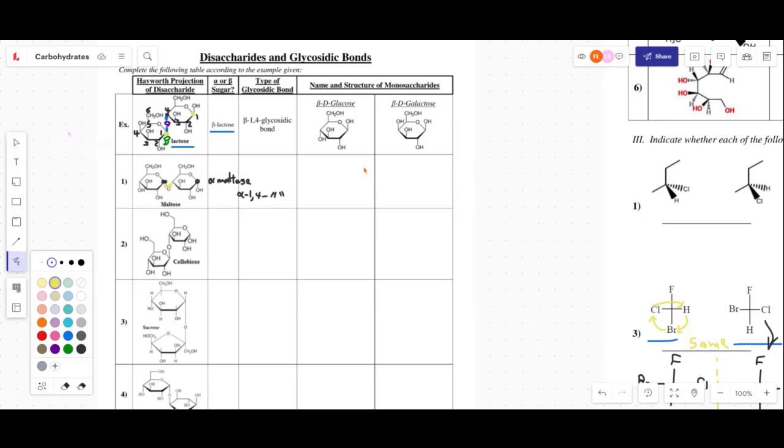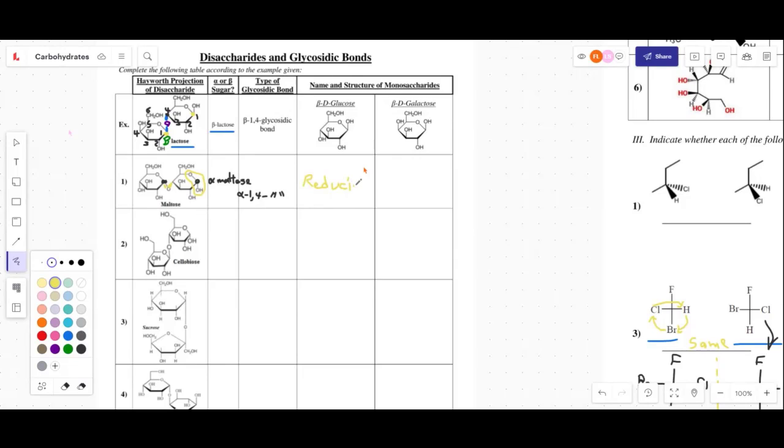In other words, is it attached to an OH and an O? The left one is just attached to one oxygen on one side and one oxygen on the other. But the right one is attached to an O on one side and an OH on the other. So that's a hemiacetal.